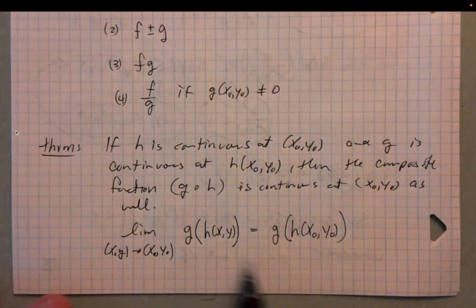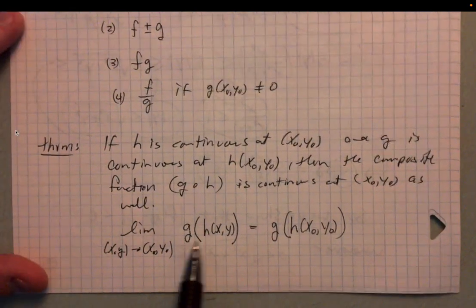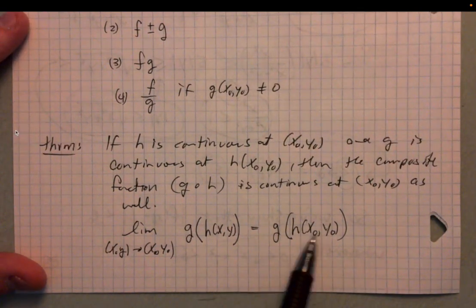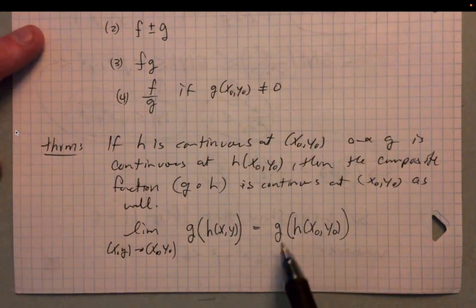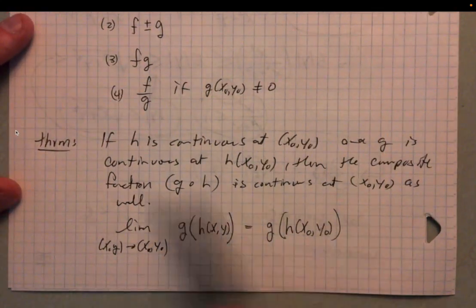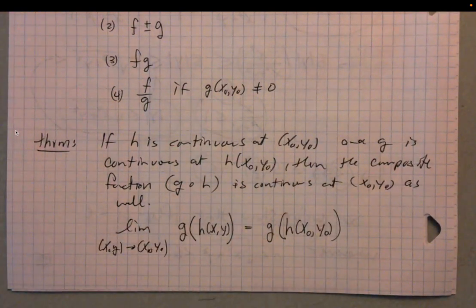And so here you see the issue with the composition of multivariate functions. g is a function of a single variable. When you plug x naught and y naught into h, you get a single value out, and that single value is the argument for g. And so the continuity is defined naturally in the case of compositions like that. Very good.